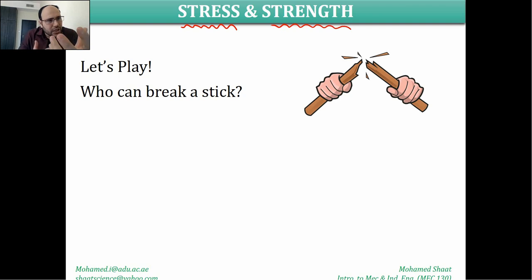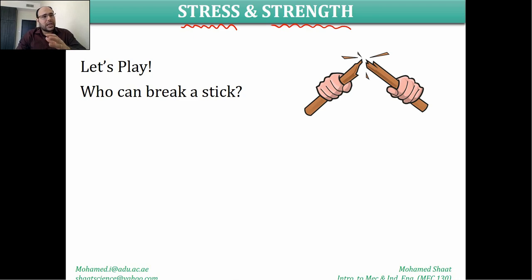So what is the stress, and how could the strength be related to the stress? Let us consider this very simple example of a stick. Assume that I'm giving you a stick, and I'm going to ask you to fracture this stick. Assume that it is made of wood.